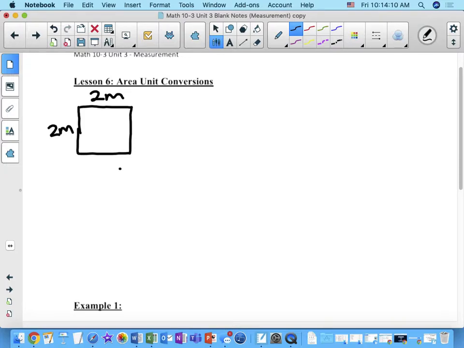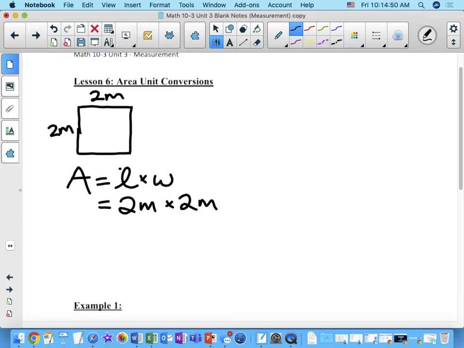What's the area? Yeah. 4 meters. It's not 4 meters. Do you know what the units are for area? Yeah. Meters squared. Do you know why it's meters squared? It's because it's a square, but also if you think about this, area equals length times width. Now, if you include the units in this formula, you're going 2 meters times 2 meters.